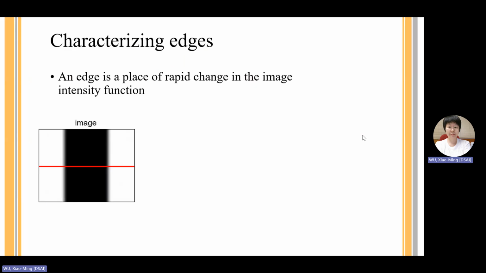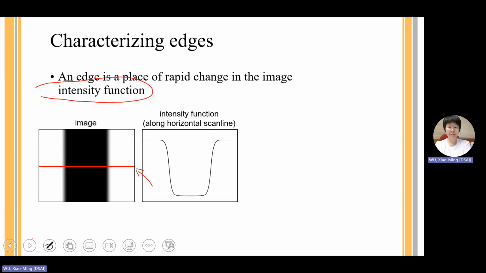Okay, so the idea for edge detection is really simple. First of all, we draw an intensity function. The intensity function for this red line is represented as this function f, and this is the index of the pixel.